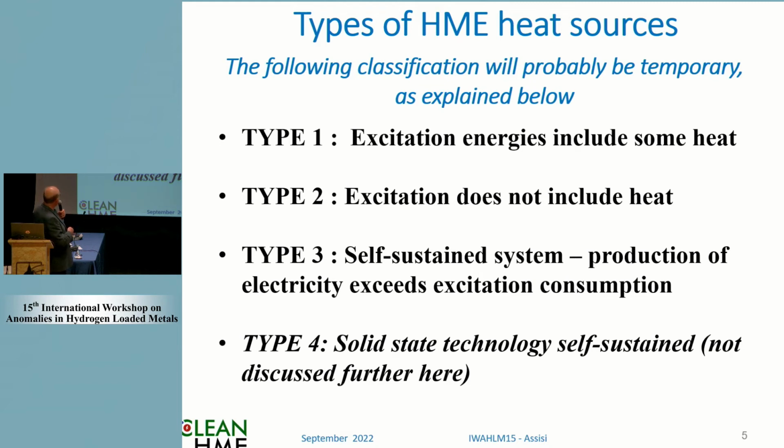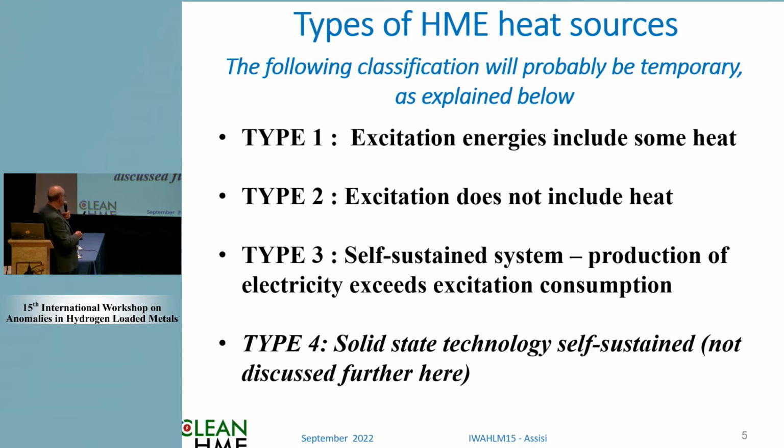I make a distinction between different types of systems, and this is a temporary classification, valid just this morning. Type 1 is a system in which you need excitation, but you have to heat up the system as well. Type 2, you don't need to reheat it, you just excite it and it goes.